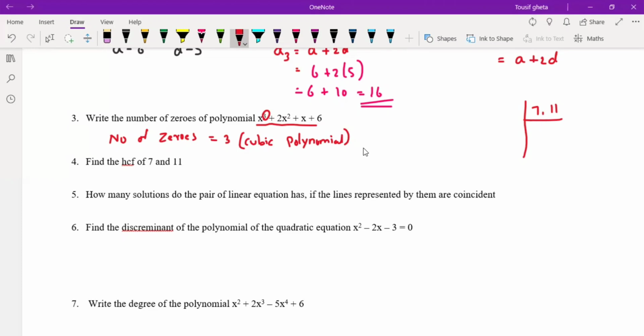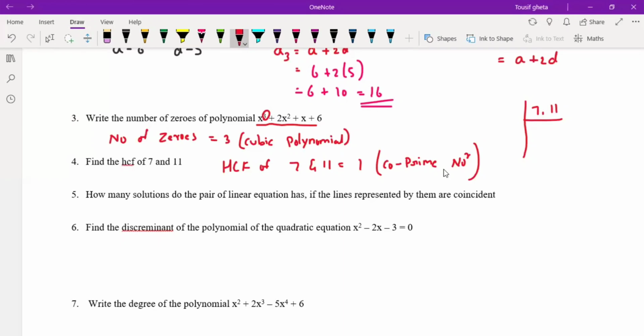So we can call them co-prime numbers, and the highest common factor, HCF of 7 and 11, will be how much? 1. Because they are co-prime numbers. For every pair of co-prime numbers, the HCF will be 1.